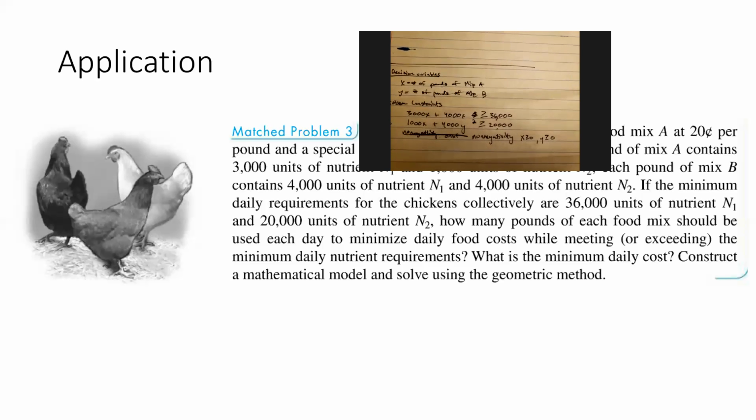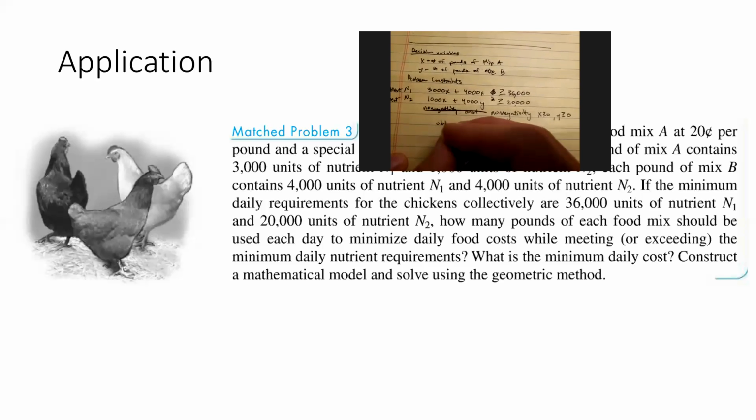Now, the next thing we need to do is figure out our objective function. So we're going to minimize cost. In this case, C is equal to the cost function. What was the cost again?